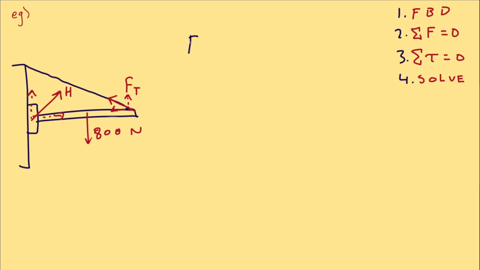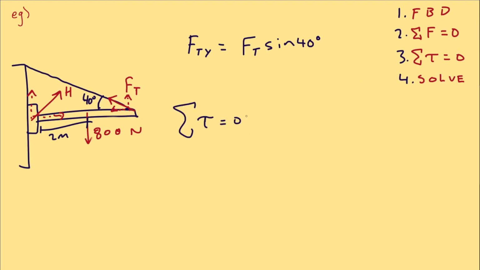The y component of the tension is Ft sine 40 because we know this inside angle is 40, and the weight of this arm acts 2 meters from the center. Here's how we find the torque around the center. The torque is equal to 0, so that's our equilibrium equation.